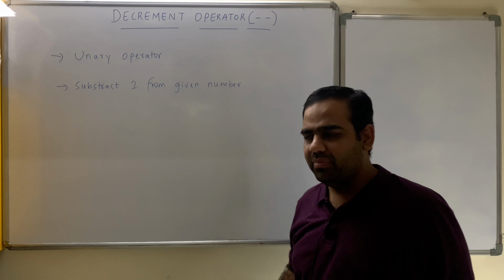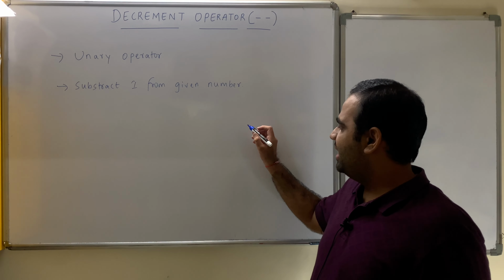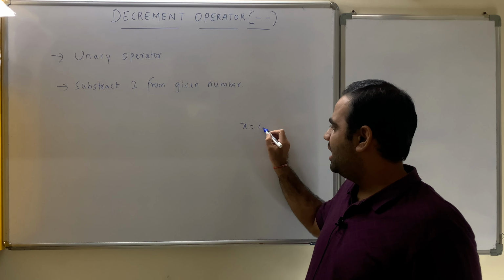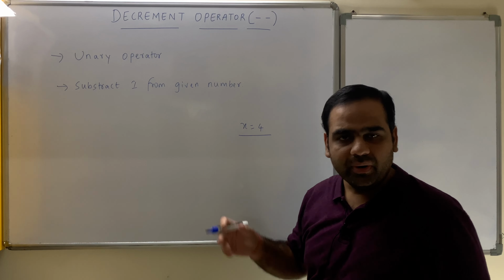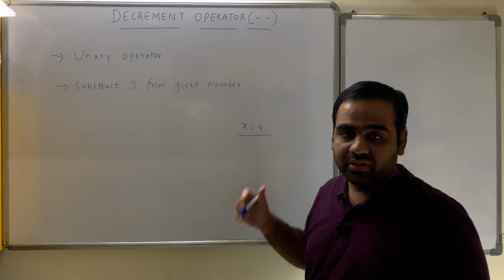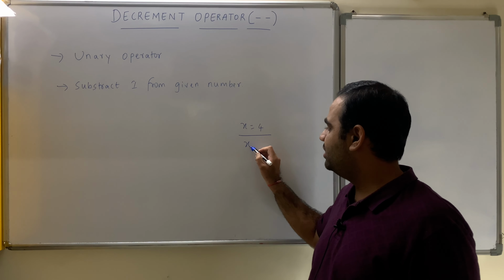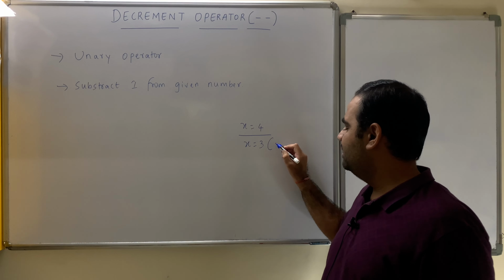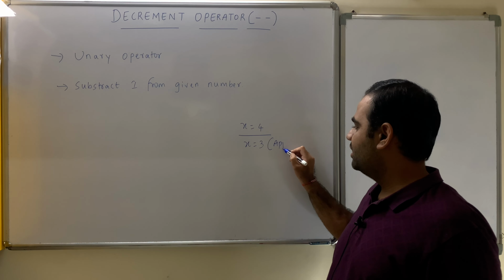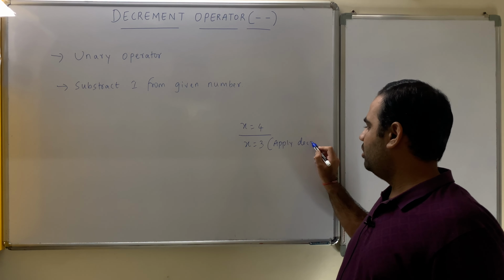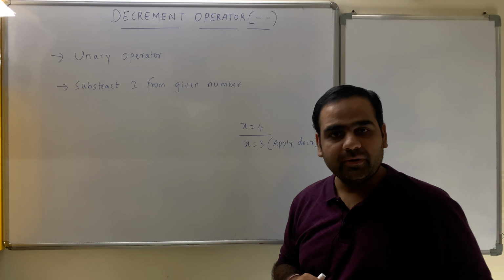Say for example, if I say x equal to 4 and I apply the decrement operator on x, the value of x would become 3.